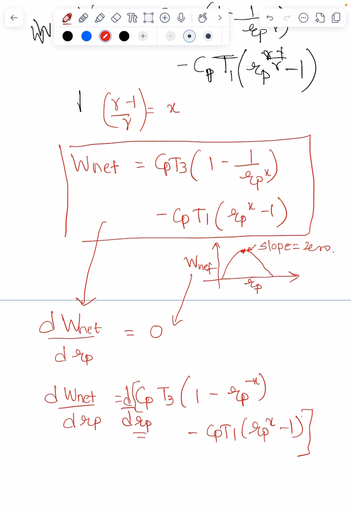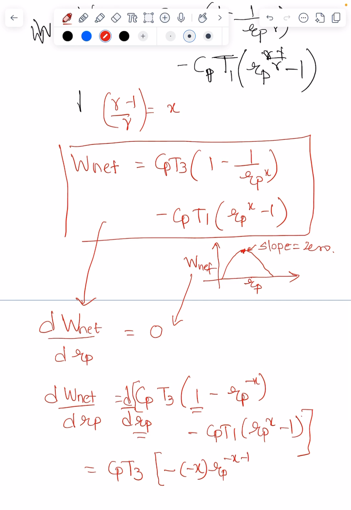If you differentiate this, the Cp T3 remains, differentiation of the constant is 0, and differentiation of this is minus x, Rp raised to minus x minus 1.